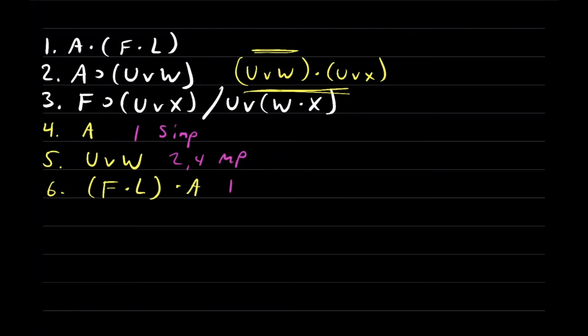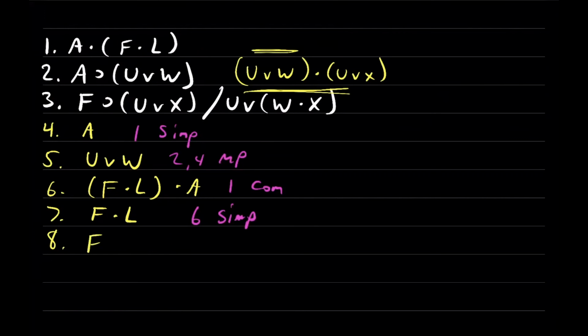That's line 1 by commutativity. Now I can simplify to get F and L on its own line, and that's going to follow from line 6 by simplification. And once I have F and L, I can simplify that to get F on its own line.